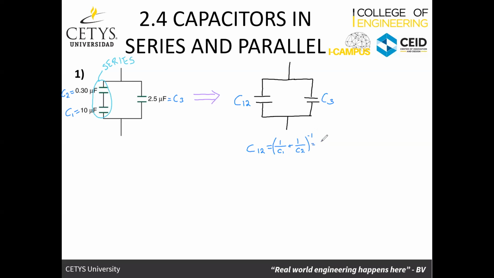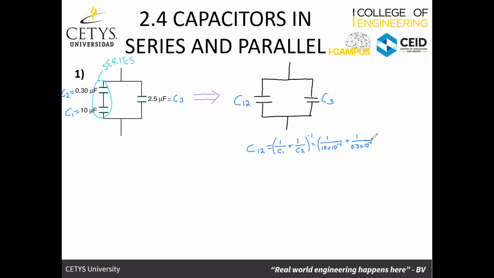This is going to be equal to 1 divided by, remember that the mu is micro, that's times 10 to the -6. So this is going to be 10 times 10 to the -6 plus 1 divided by 0.3 times 10 to the -6.